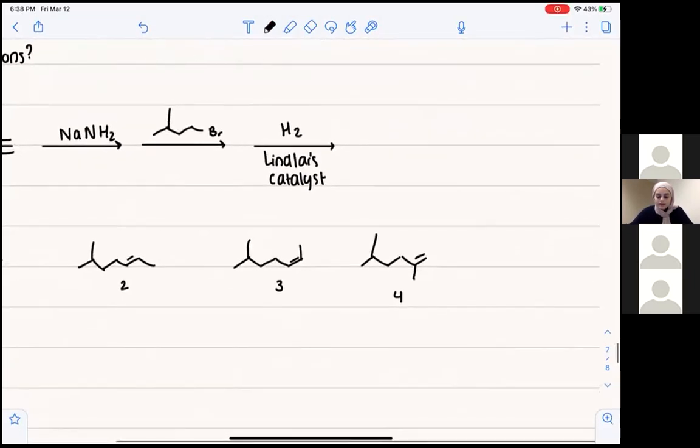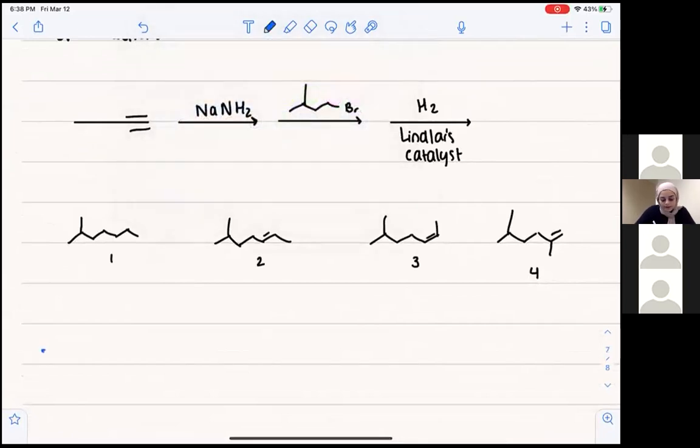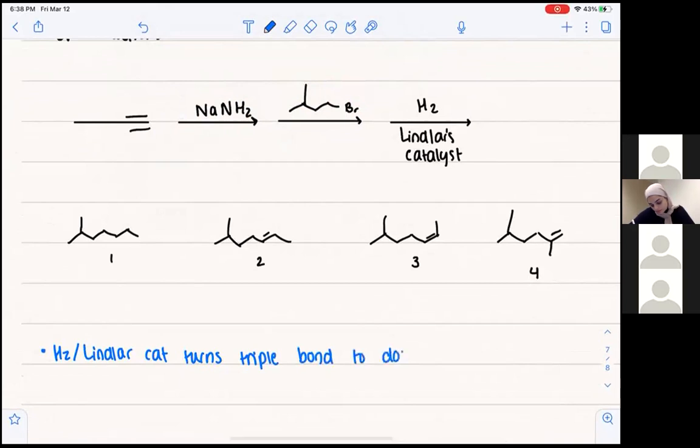And let's go ahead and write some notes over here. So we have H2, Lindlar catalyst. Wouldn't it? Oh, yeah, what's up? No, because all I know is that with Lindlar, it makes things into alkanes.